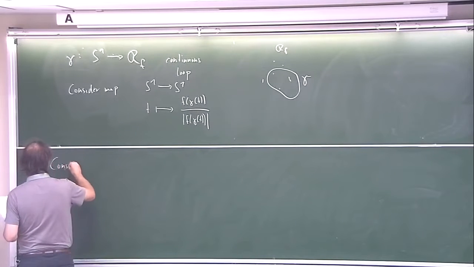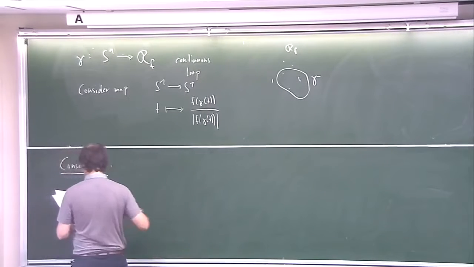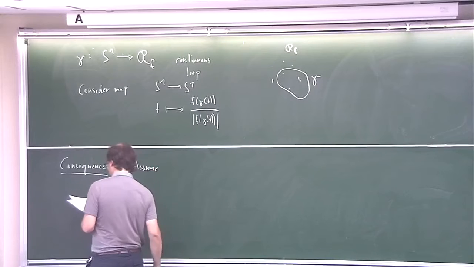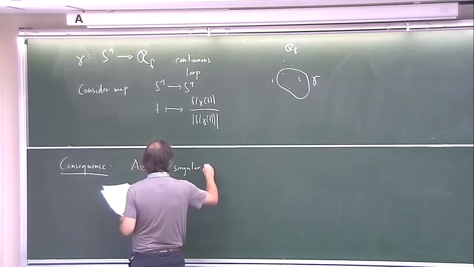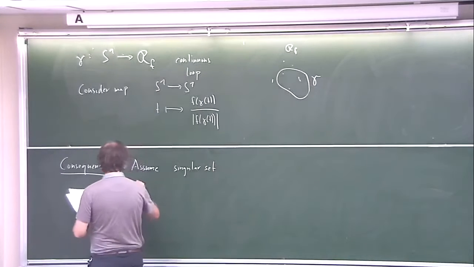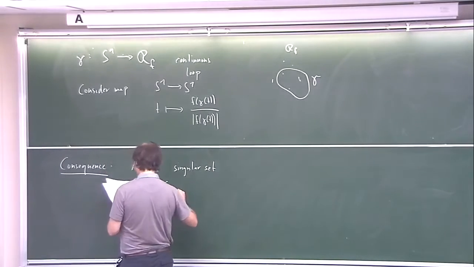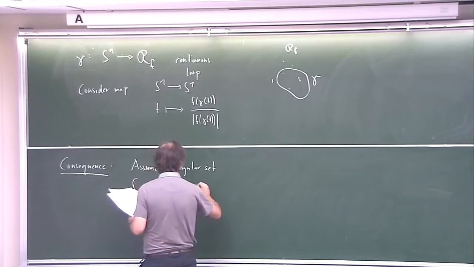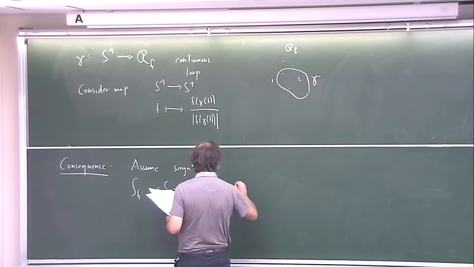Consequence: assume that the singular set, so the complement of the regular set, let's call it SF, is the points in C such that f of z is 0.